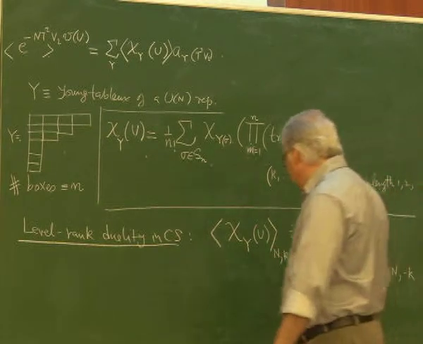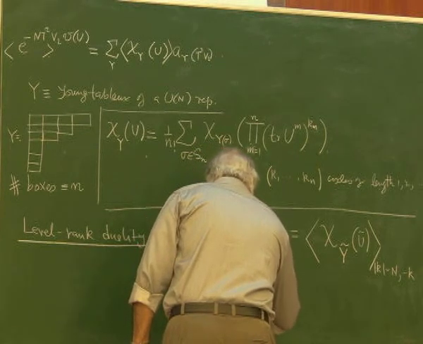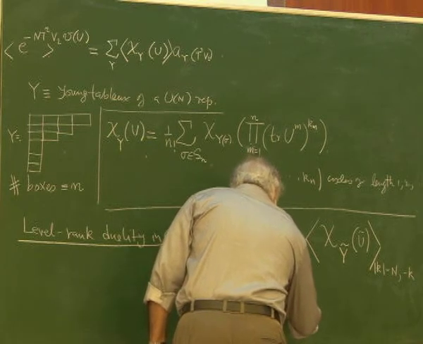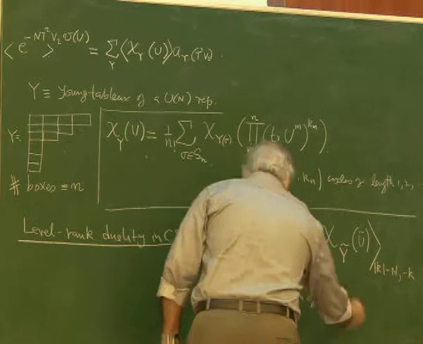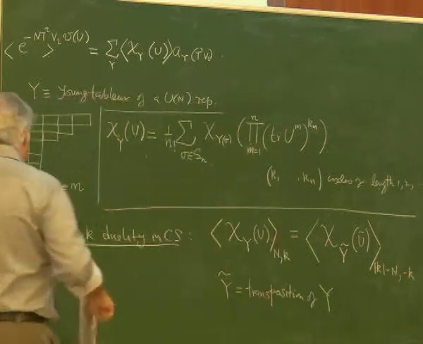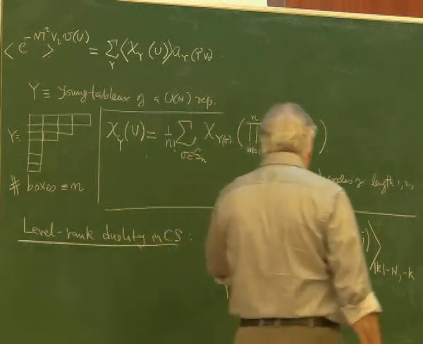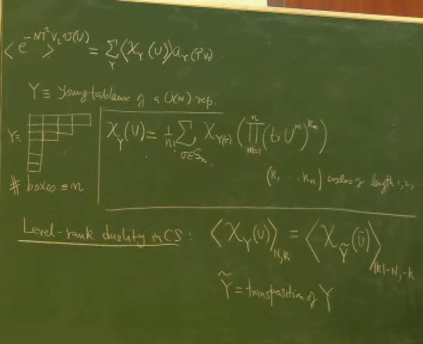And what is this? Y twiddle is the transposition of Y; the definition of transposition of the Young tableau is simply to interchange the rows and columns. So here is a statement of level rank duality. It is not usually said this way, it is talked about in terms of Wilson loops, but any Wilson loop can be expanded in terms of characters.